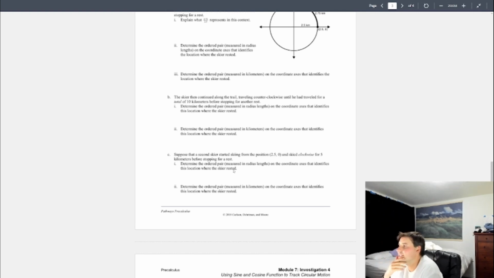Yeah, probably same thing, but we know that angles are always measured counterclockwise, and so my first thought is to represent this distance as negative.